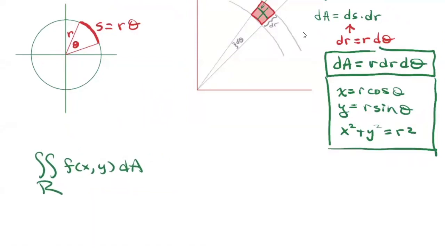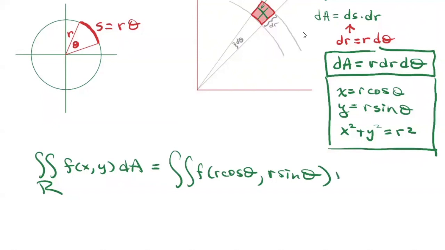You're going to change the x to r cos theta, the y to r sine theta. The dA has to have a length for theta, so it has to have an arc length for the ds. So you're going to have an r dr d theta, like that.